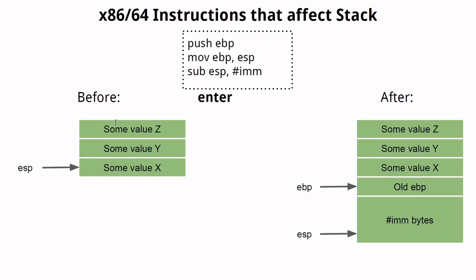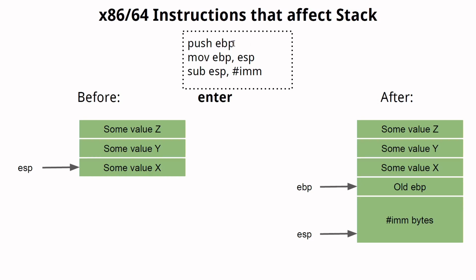We do have two more instructions, enter and leave, but like I said, they're not that important. When you debug or disassemble a program, you may encounter them, so you also need to know what they are. Enter is basically equivalent to these three instructions. Because we use those three instructions together very often, Intel created a new instruction, enter, to replace them.